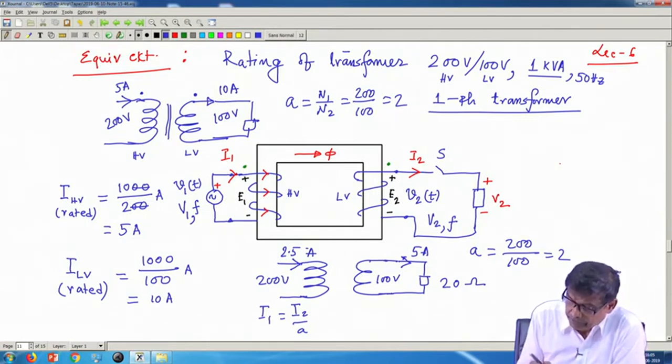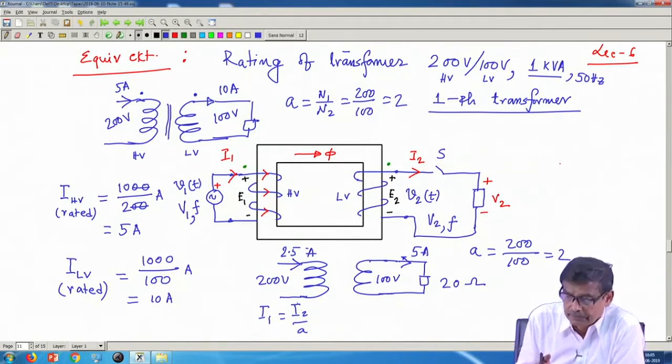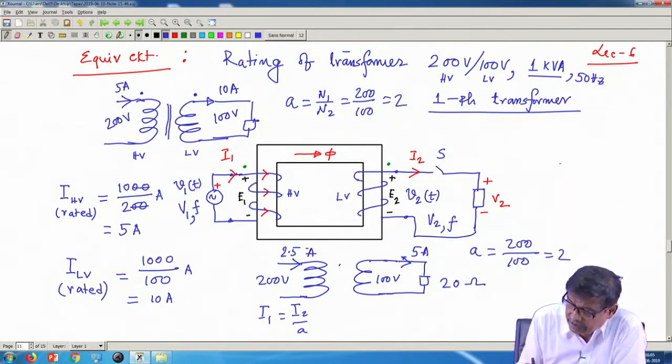I have used HV as my source side; I could also connect the source to the LV side, you try that. Henceforth I will draw this circuit instead of drawing it all the time.